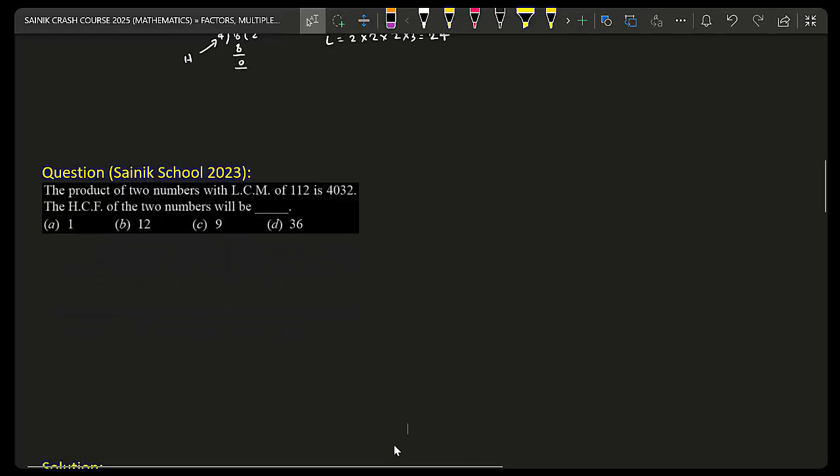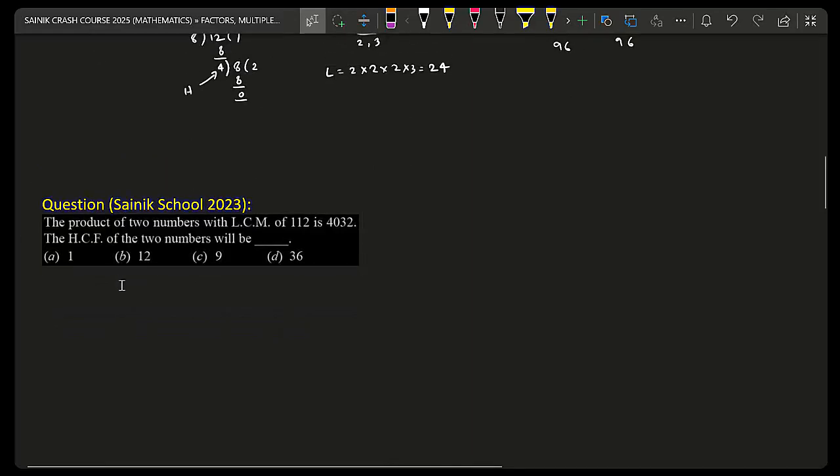What is the property you are using and why are you dividing? We discussed four properties, no? This question is related to which property? Sir, the fourth property.